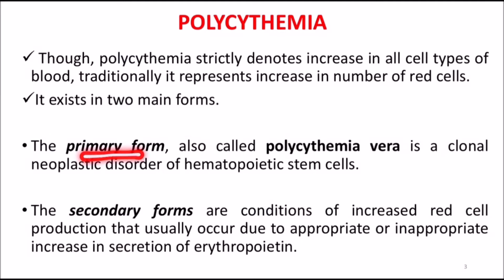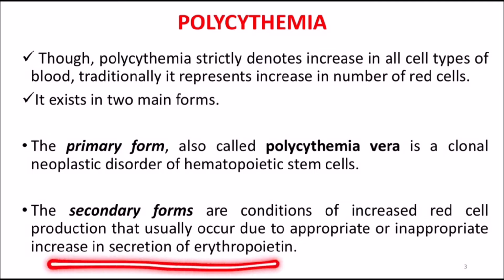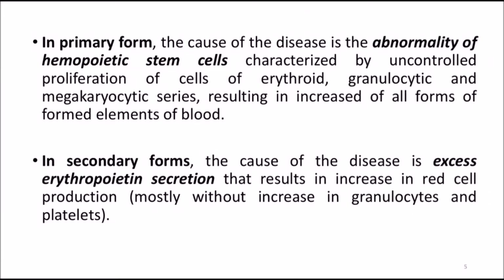The primary form, also called polycythemia vera, is a clonal neoplastic disorder of hematopoietic stem cells, whereas the secondary forms are conditions of increased red cell production that usually occur due to appropriate or inappropriate increase in secretion of erythropoietin. In the primary form, the cause is an abnormality of hemopoietic stem cells, characterized by uncontrolled proliferation of cells of erythroid, granulocytic and megakaryocytic series, resulting in increase in all formed elements of blood.